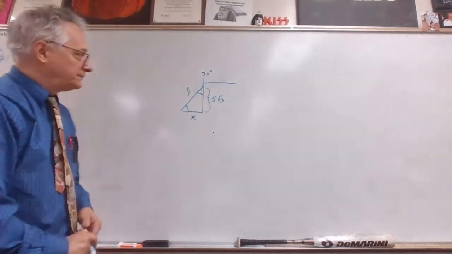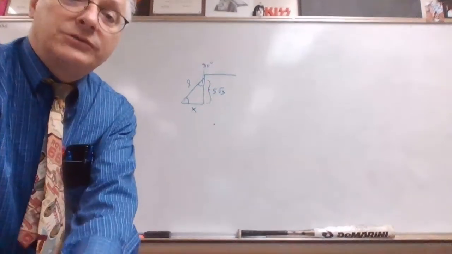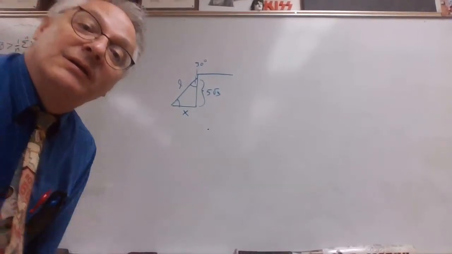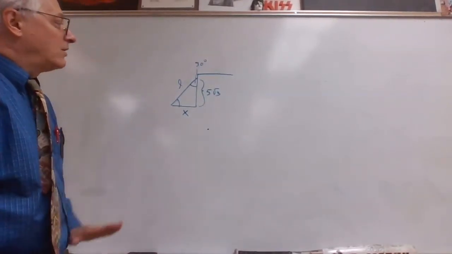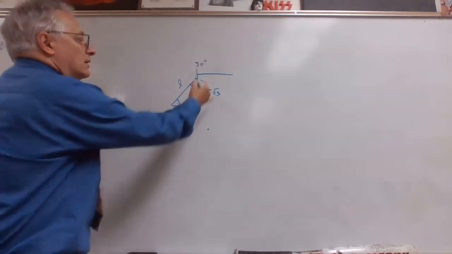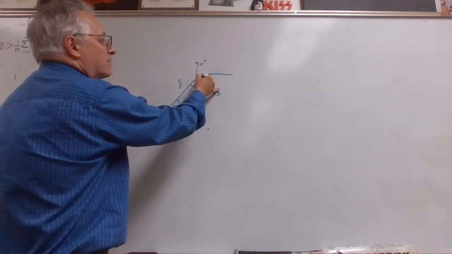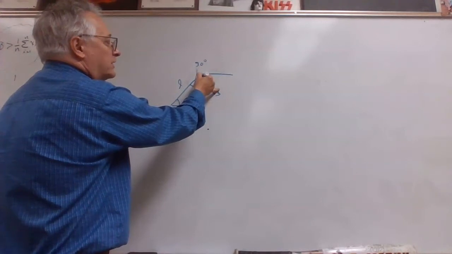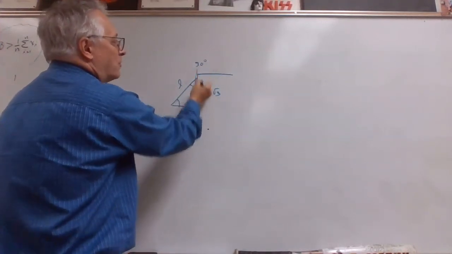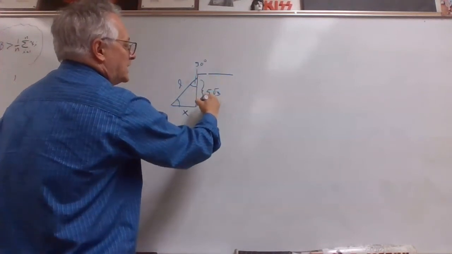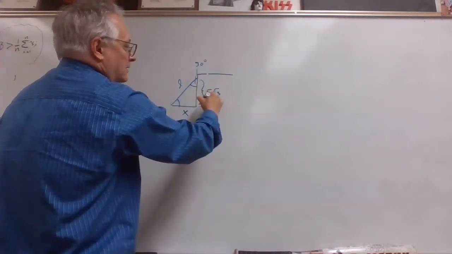So here's my picture. Let's see if we can get a little closer. So we can find all of these things. We know that the 30 degrees is this angle here. And we know what would be the adjacent side of that angle.